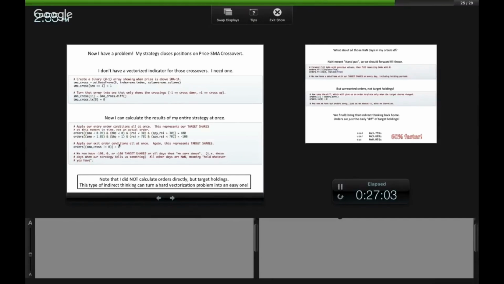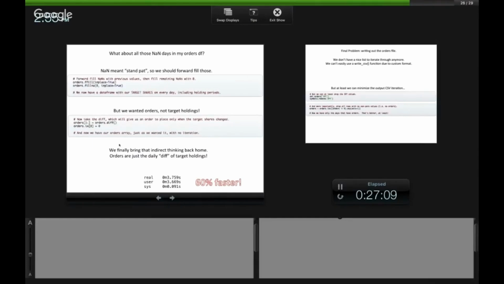Note I've done target shares. I could not think of a way to directly calculate orders. This is what I want my holdings to be. But then I can do a forward fill of all my NaNs, because those were days where I had no opinion. So forward filling NaNs now just repeats the previous value to say, well, I want to have the same number I had yesterday if it wasn't a day where I was supposed to take action.